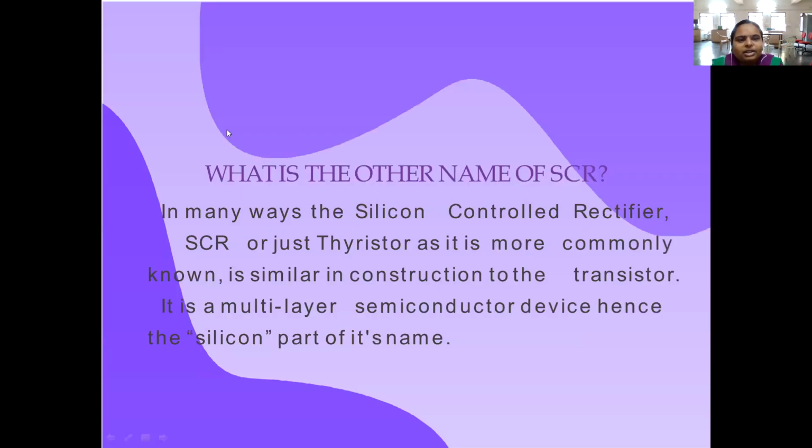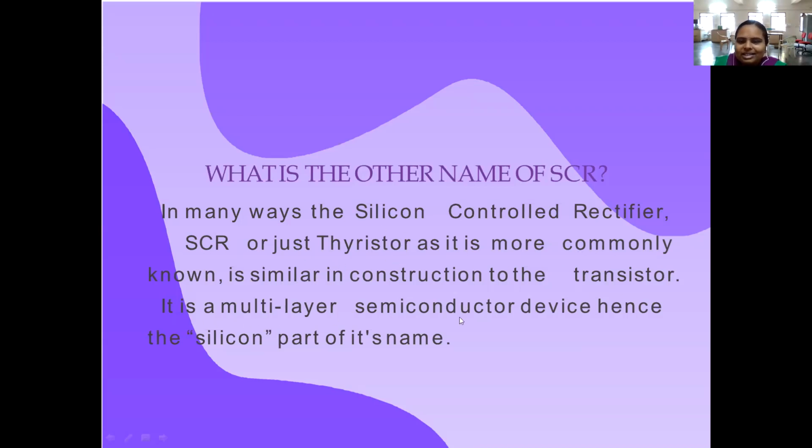Then why is the name SCR given for this? In many ways, the silicon controlled rectifier, that is SCR, we also call a thyristor. Instead of calling it an SCR, we can call it a thyristor, as it is more commonly known. It is similar in construction to the transistor, and for that reason we call it a thyristor.